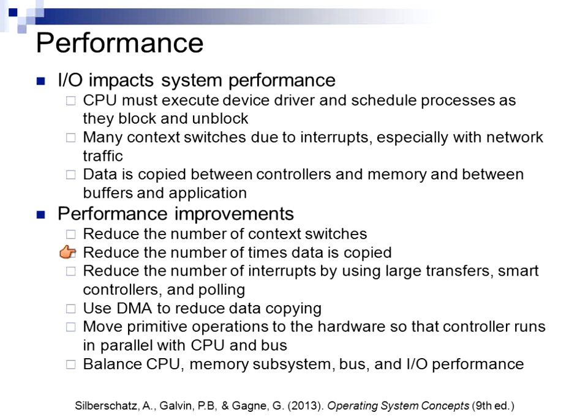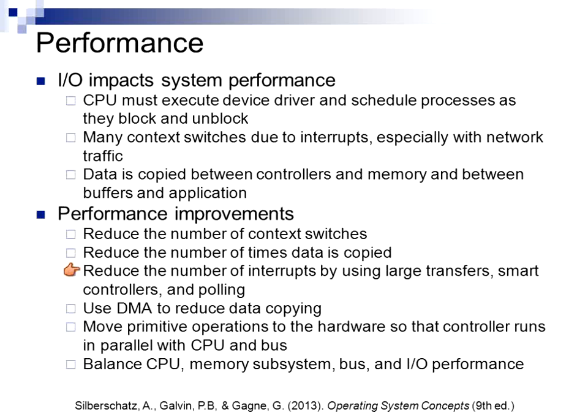In the operating system, you could reduce the number of times data is copied. We looked at, for instance, DMA, direct memory access, where both the controller and the CPU were accessing the same memory, so we wouldn't have to copy it so many times.